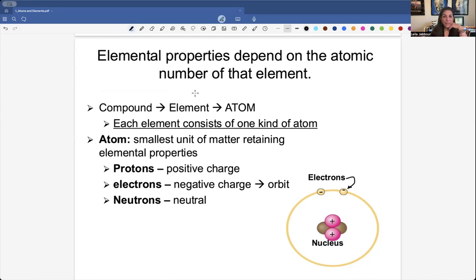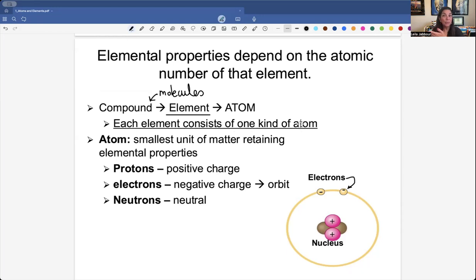So an element is made of different atoms within it, but that's what we just talked about. And then different elements can make up compounds or molecules. That's actually the subject of the next chapter. But each element, and that's what I'm trying to focus on, is made of one kind of atom.